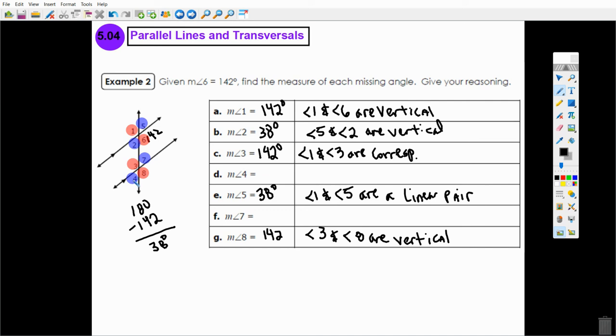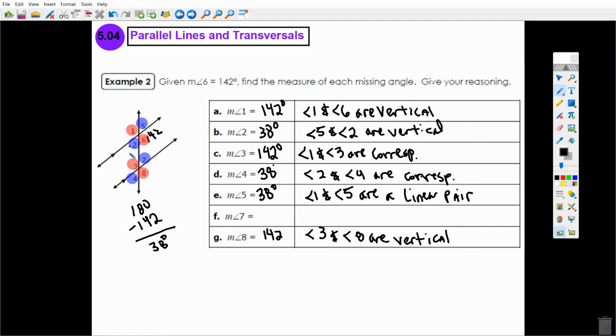We need now angle 4. So angle 4 and angle 2 are the same. Well, angle 2 is 38, so angle 4 is 38. And again, these are called corresponding angles. So angle 2 and angle 4 are corresponding.